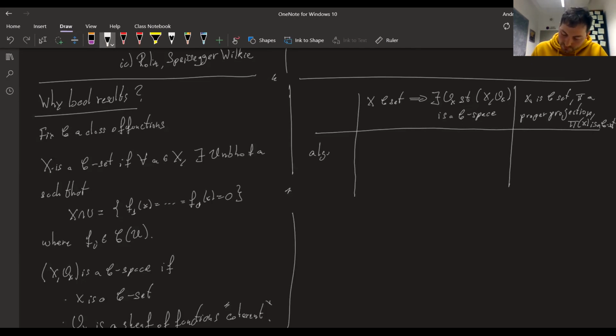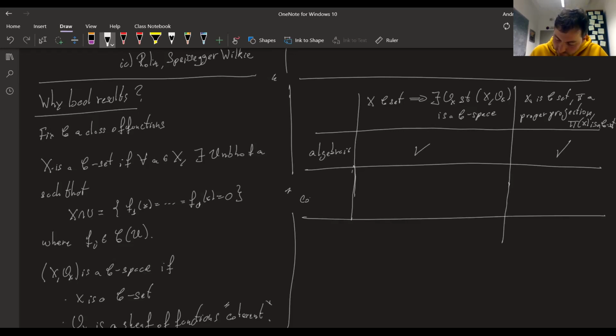So in the algebraic case, this is true. It is not completely true, but you have constructible sets, so I'm going to say that it's also true. I'm essentially going to say that this kind here is true.